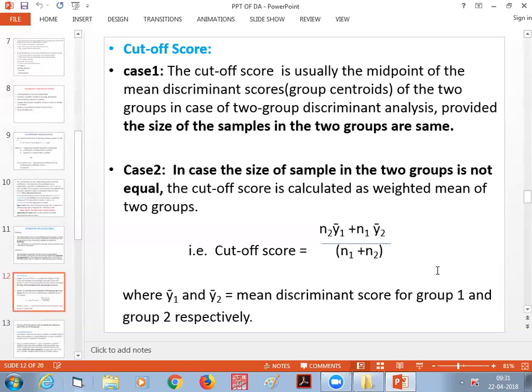First you find the mean value of the two different groups, and then you take the mean of those values, the combined average. Suppose you have different sizes in the first group and the second group, then the cutoff score can be taken this way. The second method I have explained.